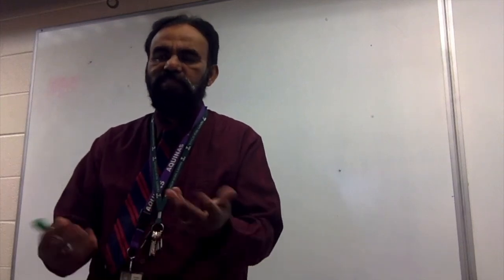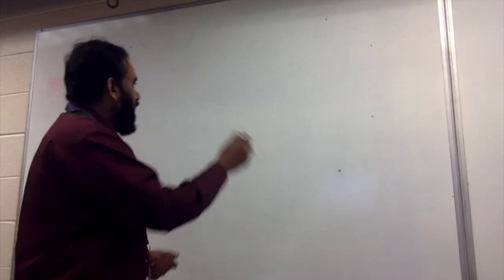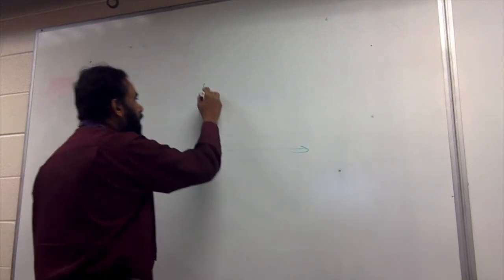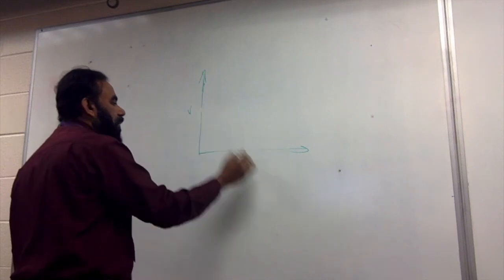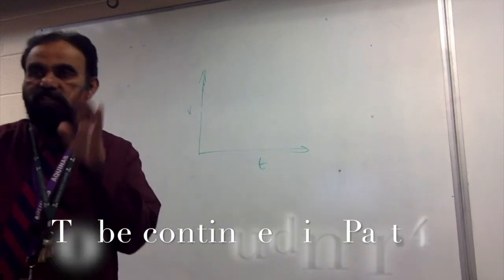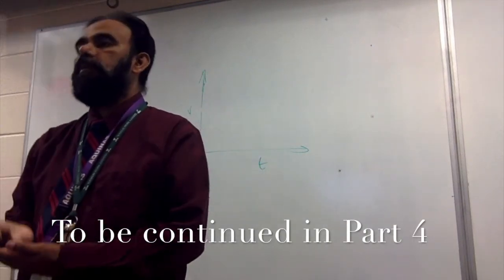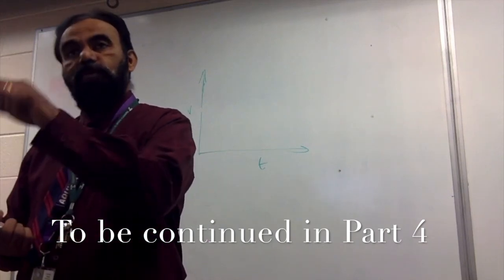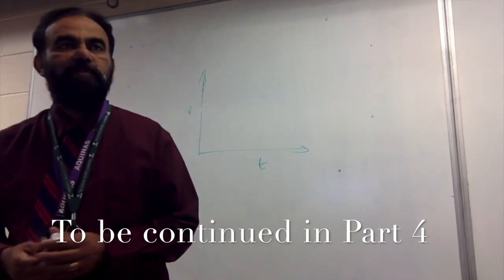No need for numbers. Just draw a velocity time graph for this scenario. I throw it up and then it comes back again. You do it in your books, and I'll come and check.